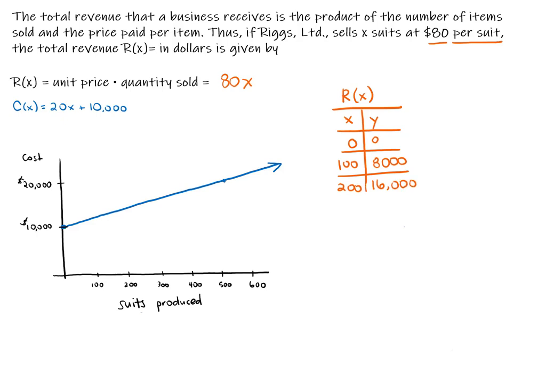And that's enough to graph. So we'll go to 0, 0, 100 and approximately 8,000, and 200 and approximately 16,000. As straight of a line as you can draw. You want to graph that. So there's our R of X function. Once again, we don't want to go into the negatives on the x-axis, so we're going to start our graph right at the 0 and make our domain only the positive numbers.